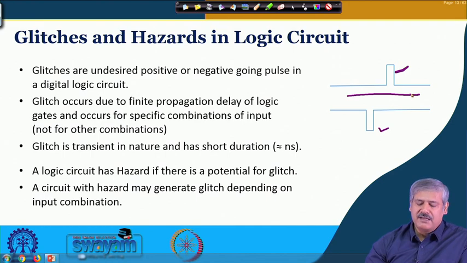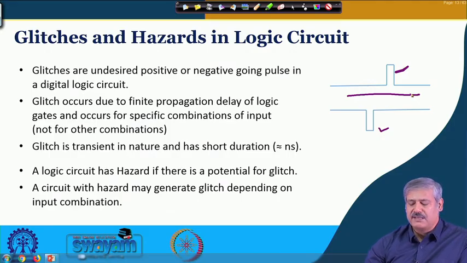And a glitch is transient in nature. It is there for a very short duration, of the order of the propagation delay. If something in the input is getting changed, it will occur momentarily and then disappear. In the stable state it will not be there. The other definition we need to take note of is called hazard.